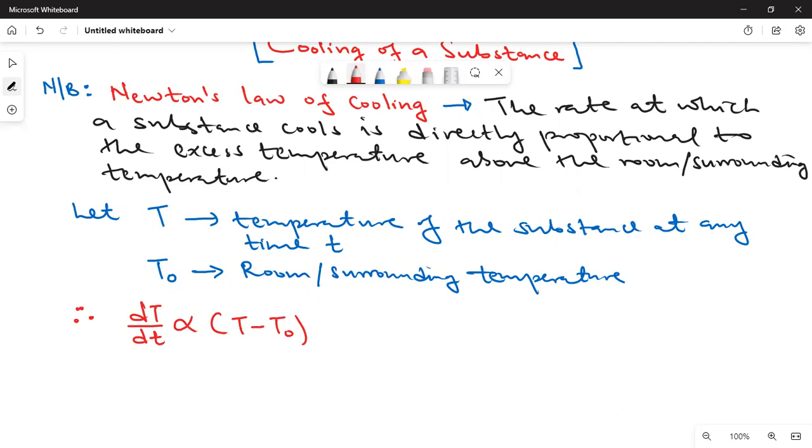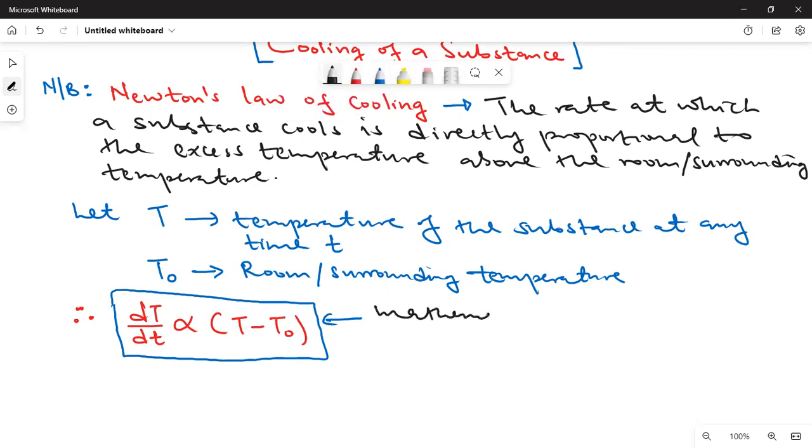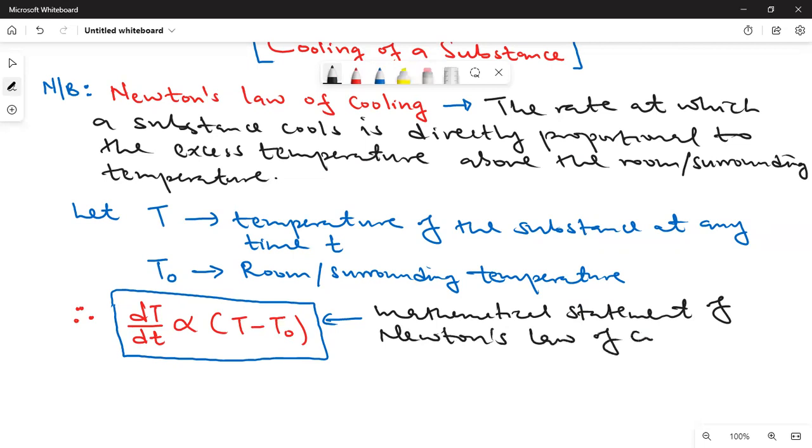If I remove the constant of proportionality, remember this is the mathematical statement of Newton's law of cooling.